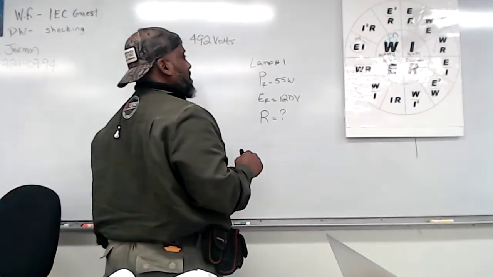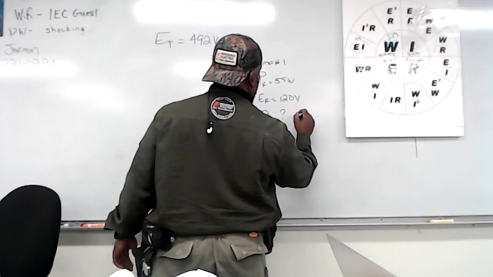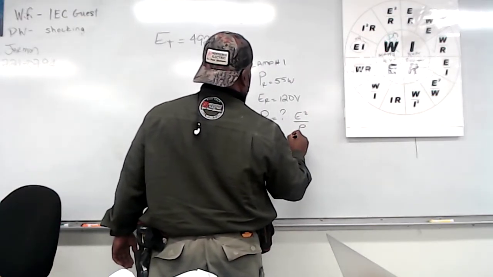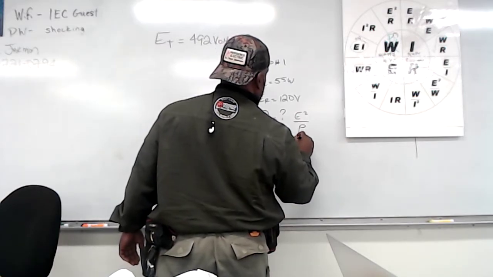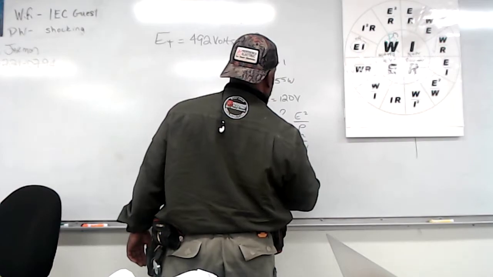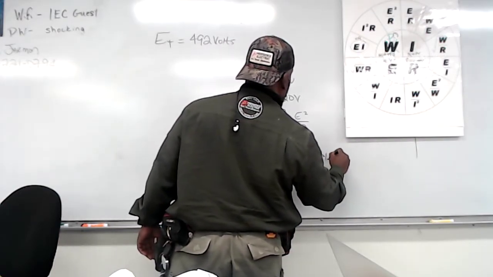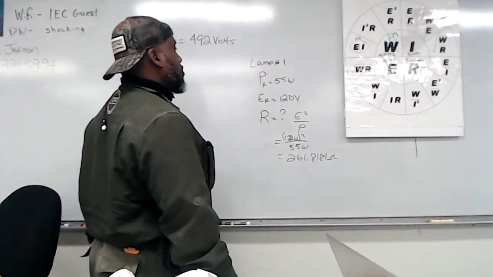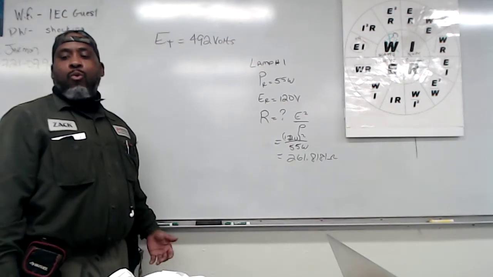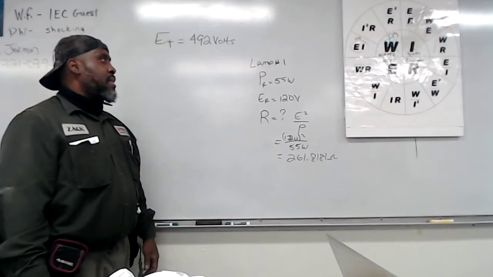How we find that, Madison? E squared over P, or E squared divided by what? P. So we do 120 volts squared divided by 55, which is what? 261.81 ohms. I don't think that's going to help us. I can't do nothing with just knowing the resistance of one lamp. I got to go to lamp 2.